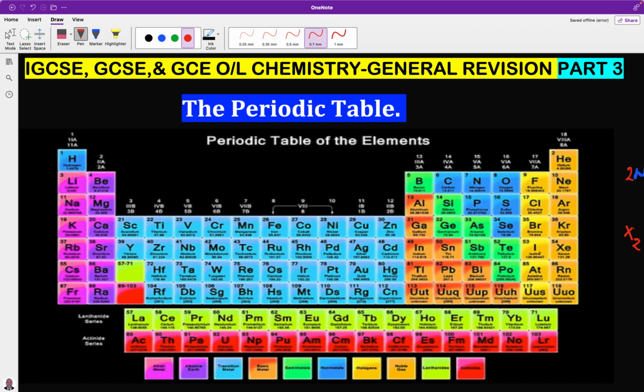Iodine is a solid, a gray-black solid. So based on their physical appearance, we move from gas, fluorine and chlorine, to bromine, which is a liquid, and to iodine, which is a solid.